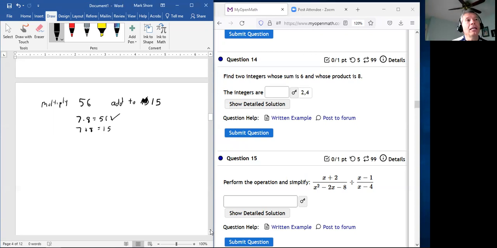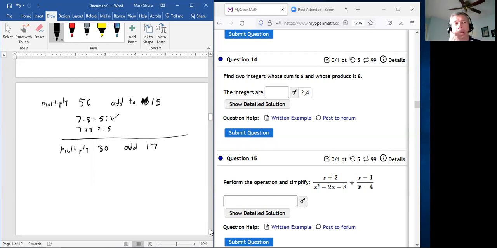That one is just a multiplication fact. But maybe you had to think of this. 2 numbers that multiply together, they multiply to, let's say, 30. And they add to 17.